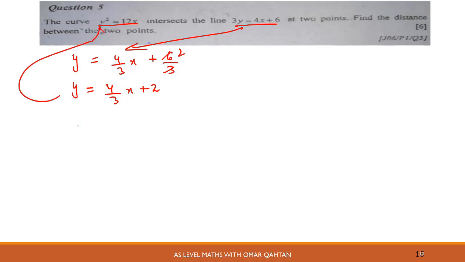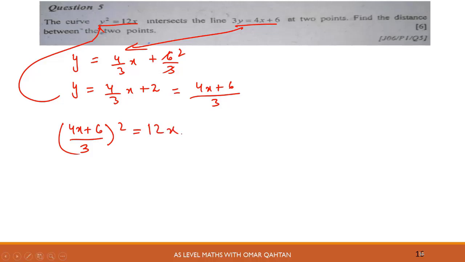So 4x plus 6 upon 3 whole square is equals to 12x. Now upon simplification you will get 4x square minus 15x plus 9 is equals to 0.